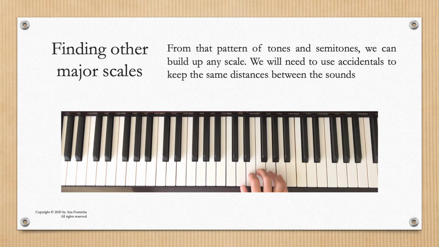But we need another tone now, so we need to raise this note, the note F, by a semitone. And now F sharp to G is a semitone. And that's the scale of G.